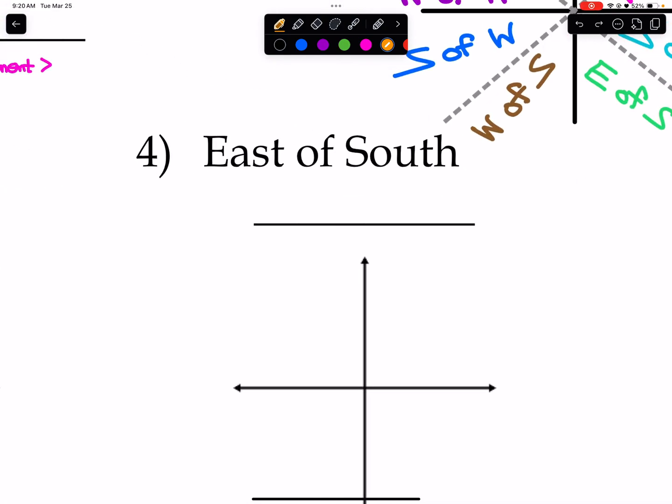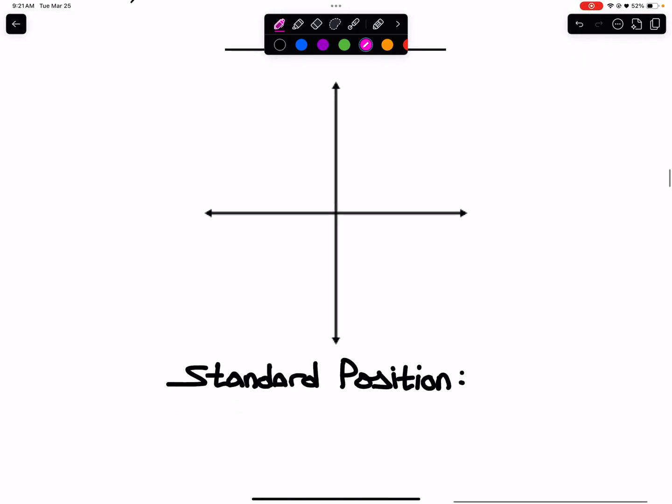And then if I want to do east of south, once again, we're going to abbreviate: E of S. So I'm going to start going south, and then I'm going to go to the east. My angle here in question would be right here.